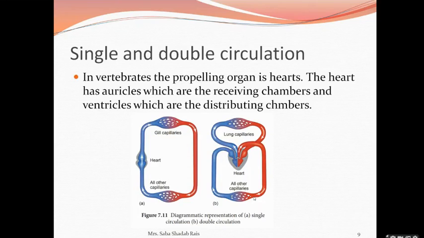We will start from the circulation, where the exchange of gases in the tissue bed is called systemic circulation, and the exchange of gases in the lungs is called pulmonary circulation. So again we'll begin with the systemic circulation.